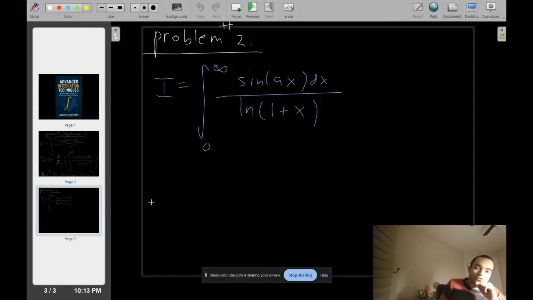Okay, so this is another open problem, and let me explain why, as opposed to doing anything. So it's the improper integral of sin(ax) dx all over ln(1 + x). Now, for those of you who have no idea how to go about this, don't feel scared.